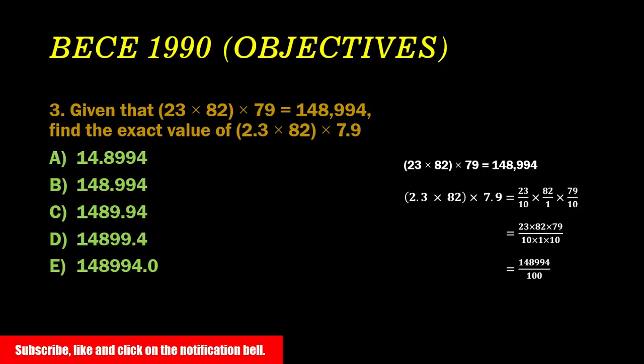This was already given in the question, over 100. Now, if you simply simplify this, you come up with the answer 1,489.94. So what becomes our answer? Very obvious, option C. I hope you understood the procedure.